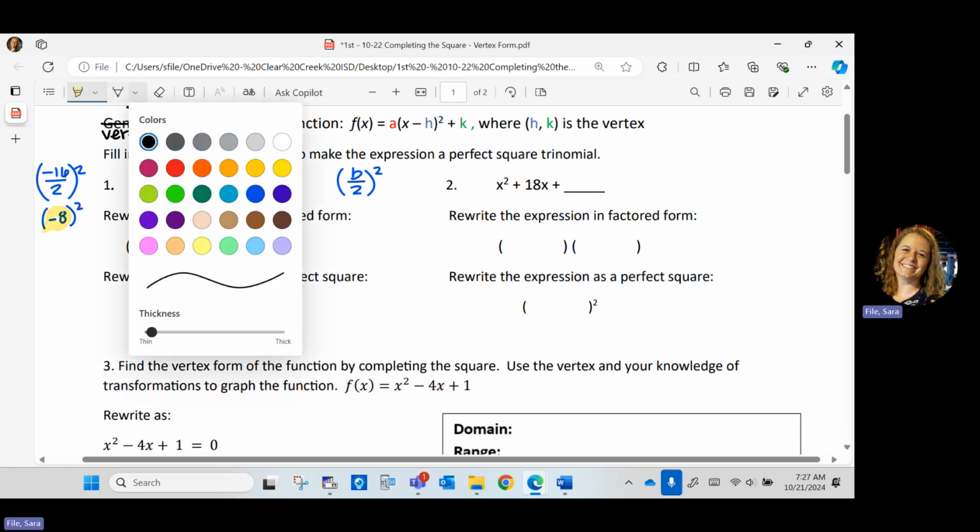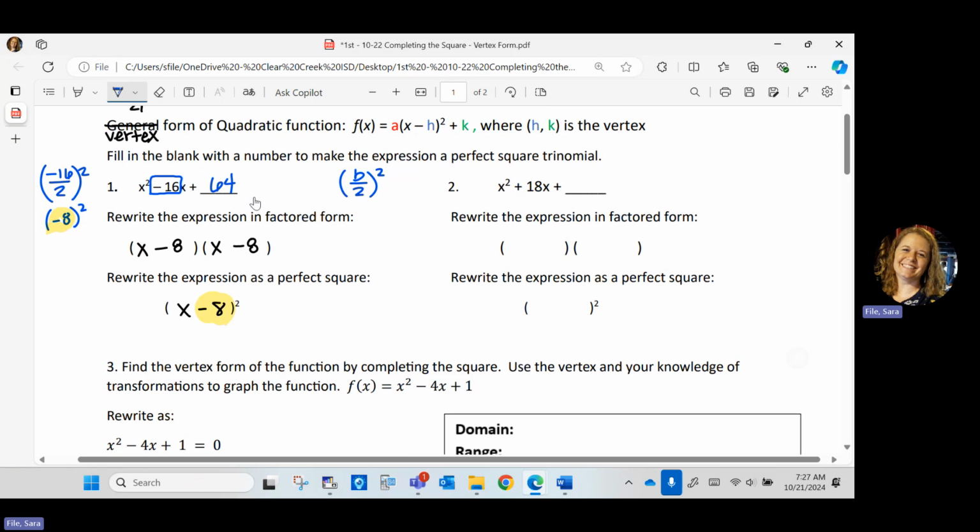Okay, let's try that one more time. Let's practice that process. In number 2, what is the b value? Just 18 is the b, right? Okay, so 18 divided by 2 is 9. And what's 9 squared? 81 would go in the blank.